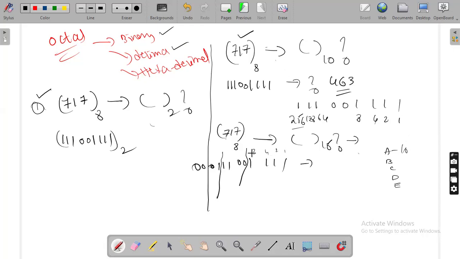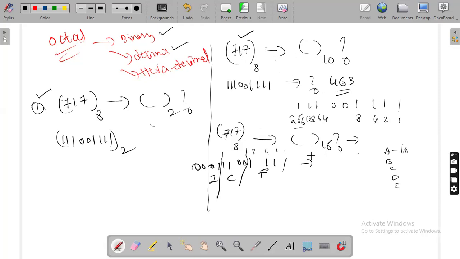So this is F. Then 1, 2, 4, 8 with two ones: 4 plus 8 is 12. 12 means C. The answer is 1CF. 0001 means 1. 1CF is the answer. So octal 717 in terms of decimal is 463, and in terms of hexadecimal is 1CF.